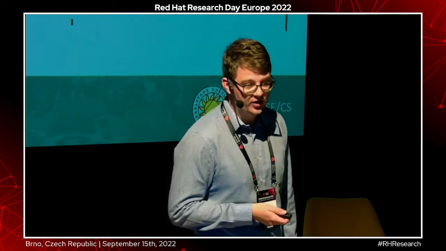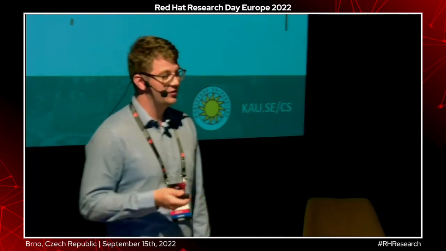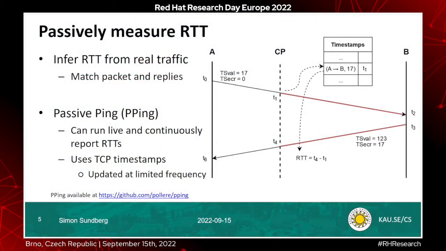So then it will look up its saved timestamps to see if we've seen a packet matching this TSVAL previously. And in this case, yes, we saw a packet going in the reverse direction, A to B, back at T1. So we can calculate the RTT by simply subtracting T1 from our current time T4.